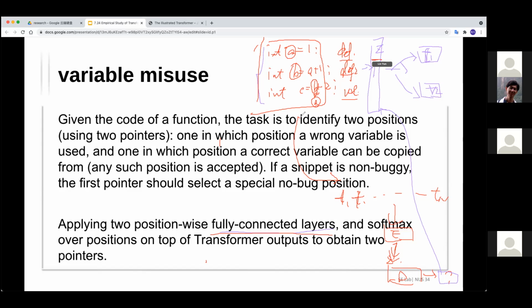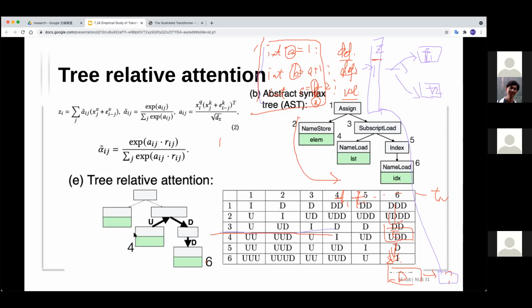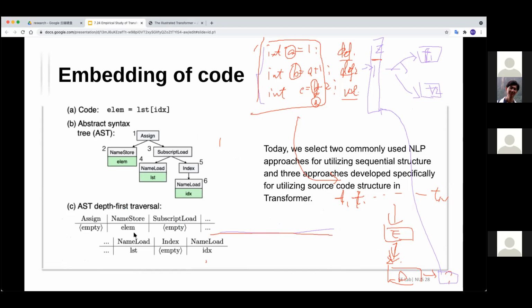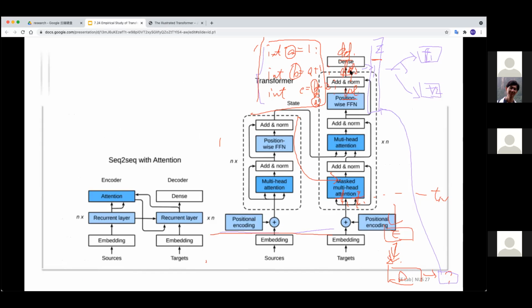Yes. Maybe we go back to the transformer. The final dense layer outputs, in this situation, one word in the vocabulary, right?